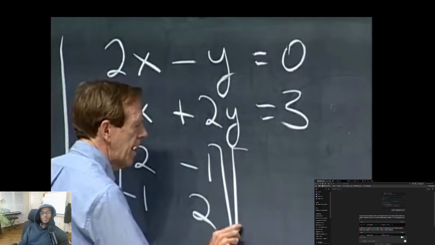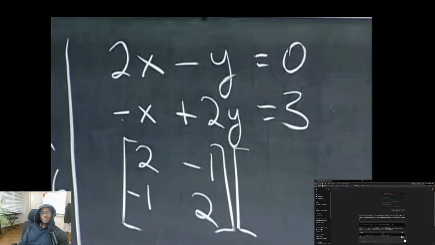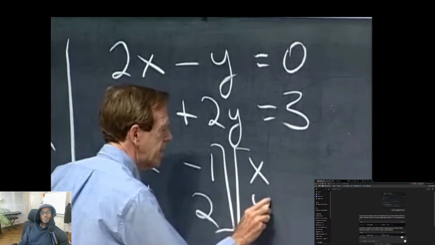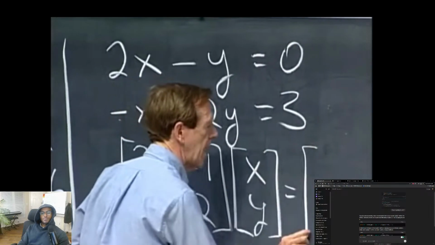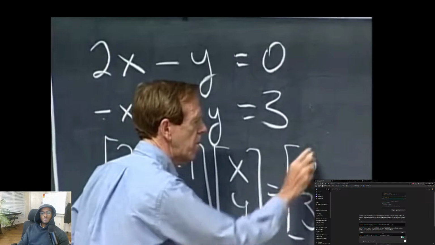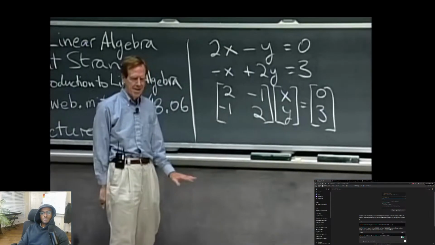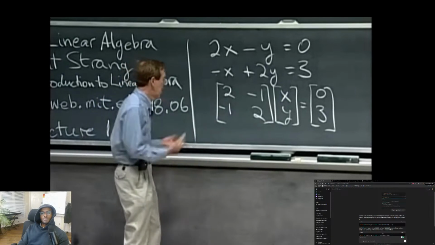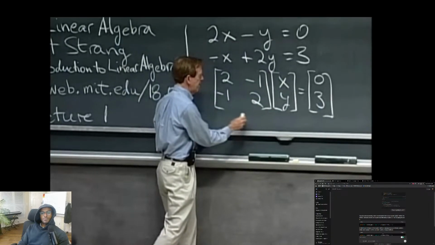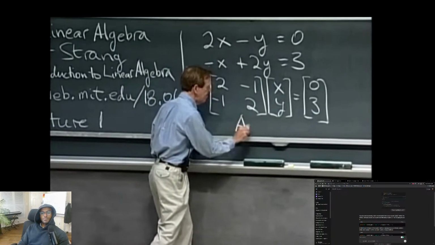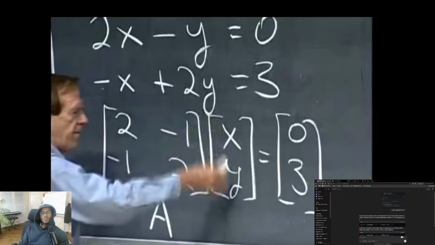And the unknown, well, we've got 2 unknowns. So we've got a vector x with 2 components, x and y. And we've got 2 right-hand sides that go into a vector 0, 3. I couldn't resist writing the matrix form even before the pictures. So I always will think of this as the matrix A, the matrix of coefficients. Then there's a vector of unknowns.